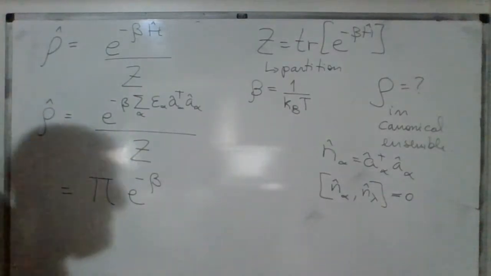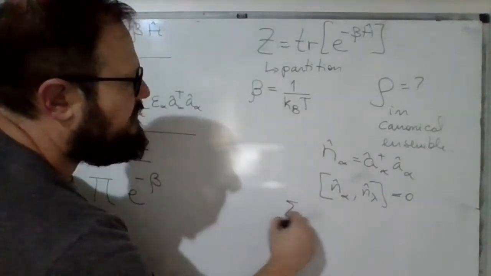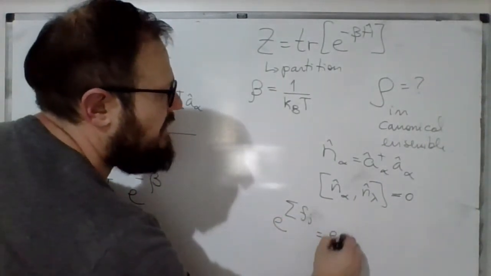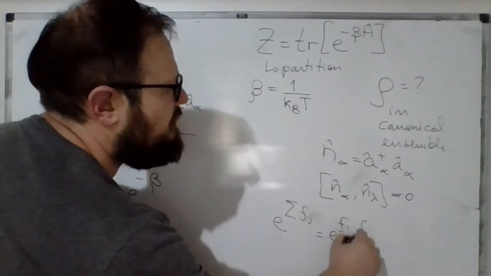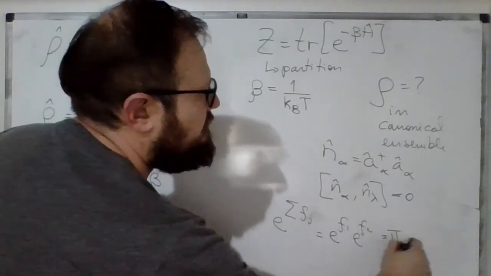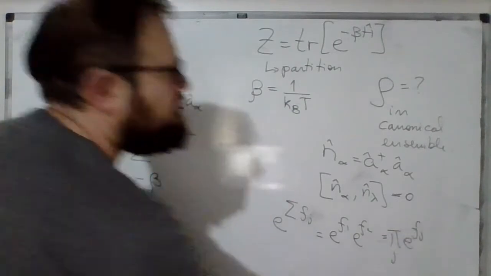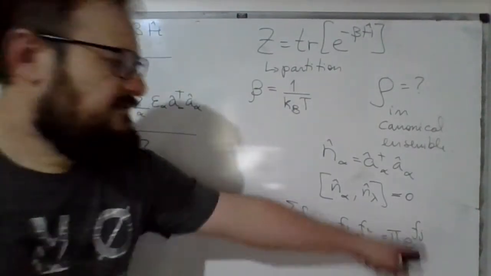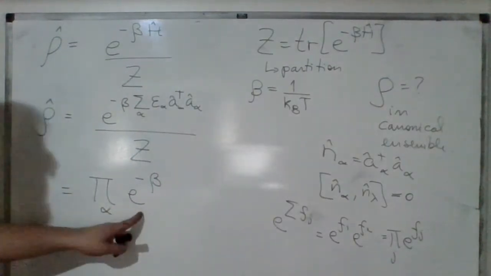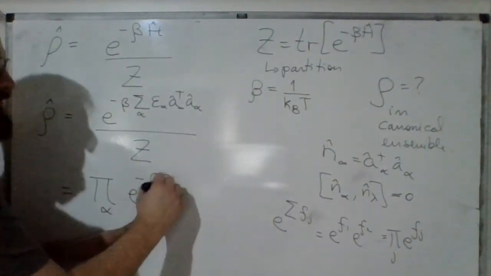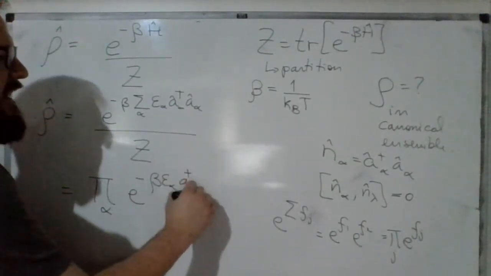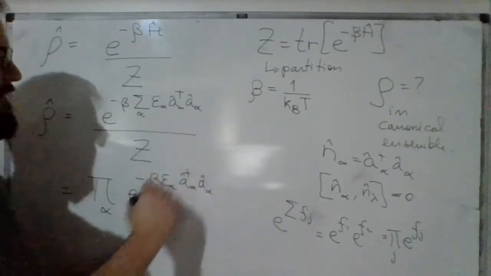And therefore, if you have an exponential of a sum of functions, you can rewrite it as e to the f1, e to the f2, and so on, which means the product of the exponentials over fj. So this is a product of the exponentials of minus beta e alpha, a dagger alpha, a alpha.